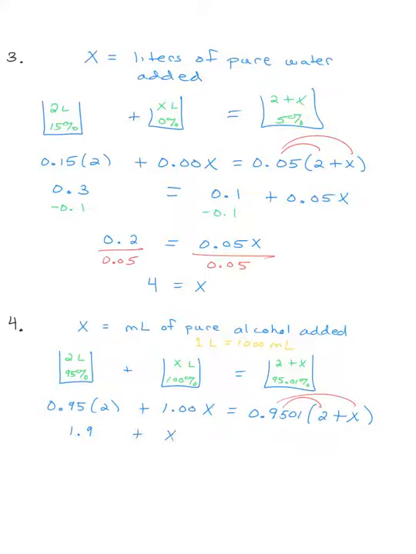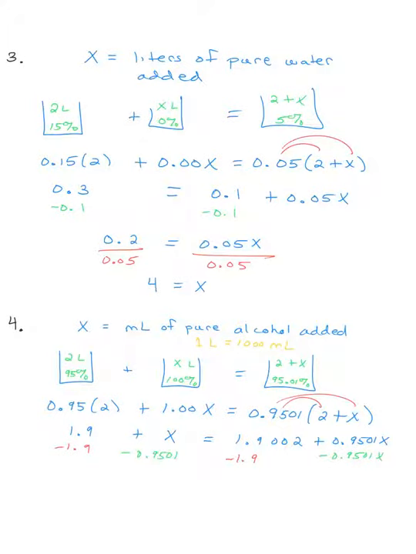I'll just write this as X, and after I distribute in the 0.9501, I get 1.9002 plus 0.9501x. I will subtract this from both sides, and why not subtract this from both sides at the same time?